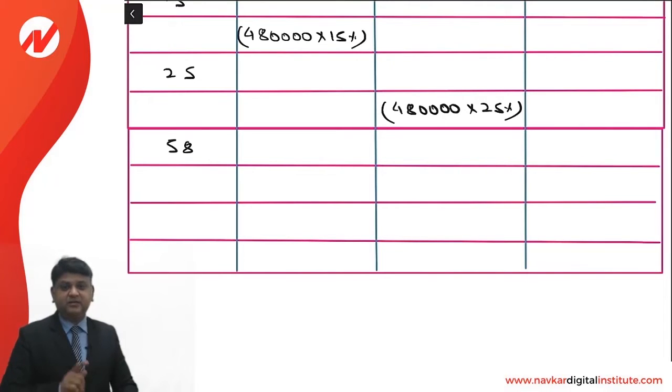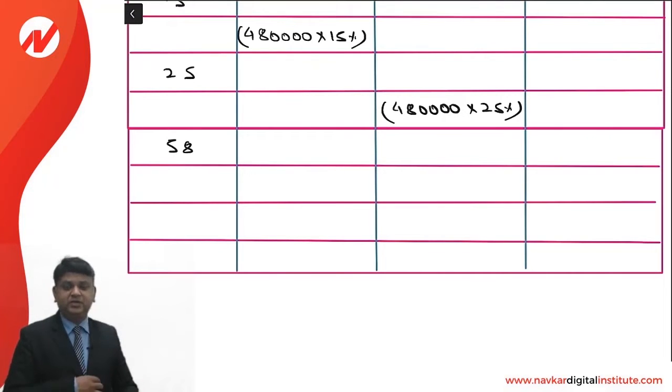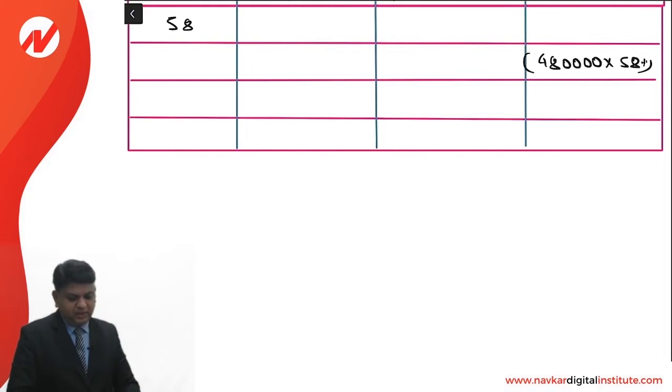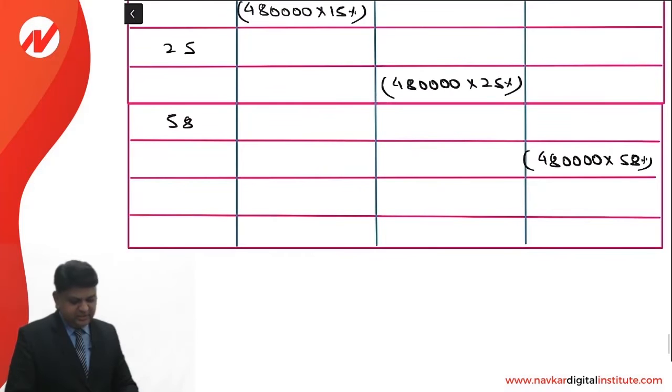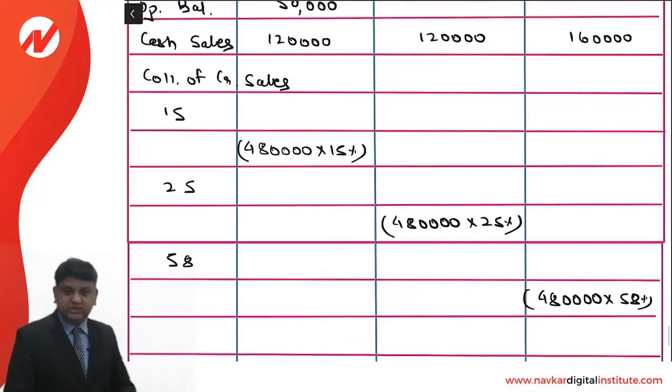We understand that it will be collected in the month of February. So against 25% and in the month of February, we will mention that. Last, 4,80,000 into 58%. That will be collected in the month of March. This is the way the credit sales of January will be collected in January, February and March.